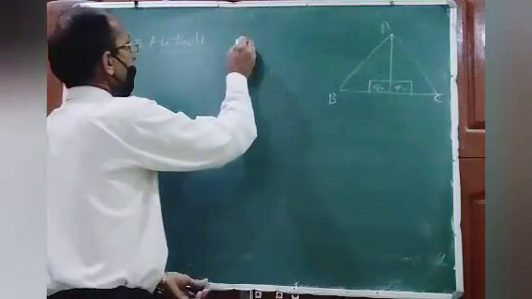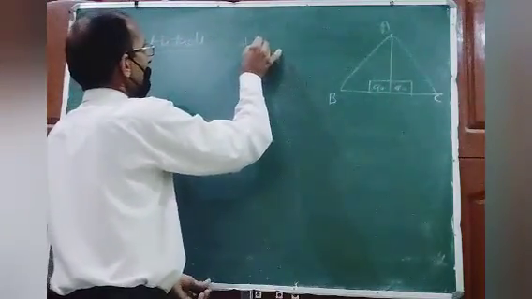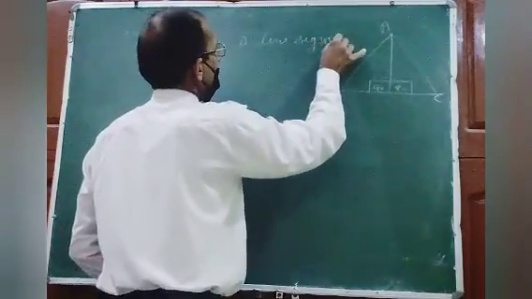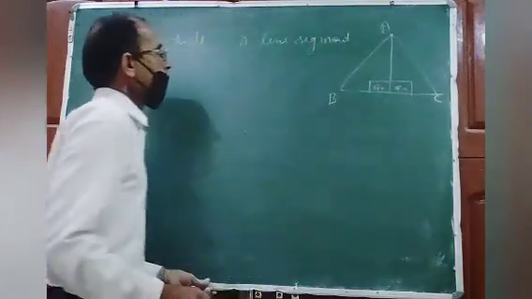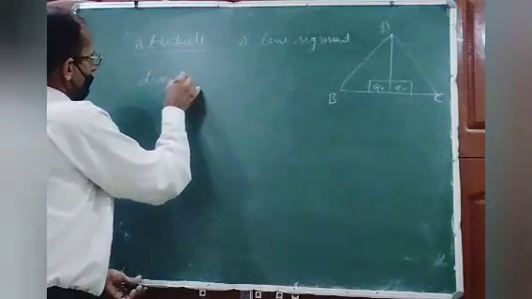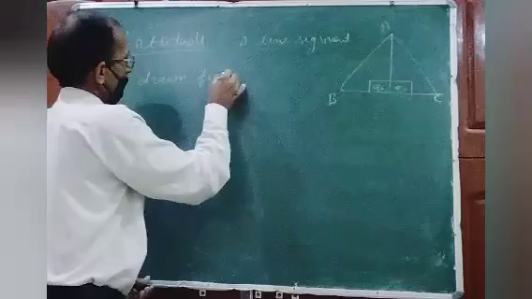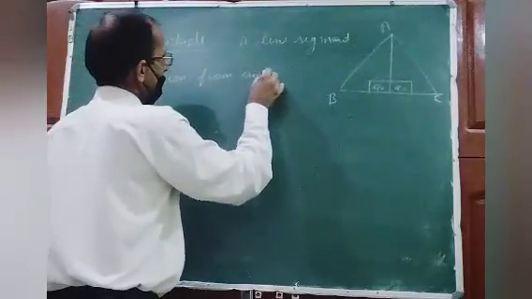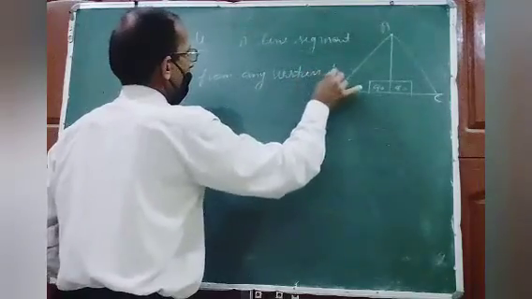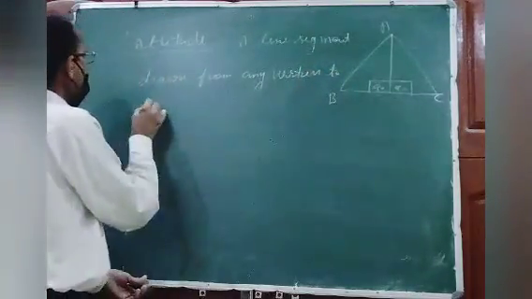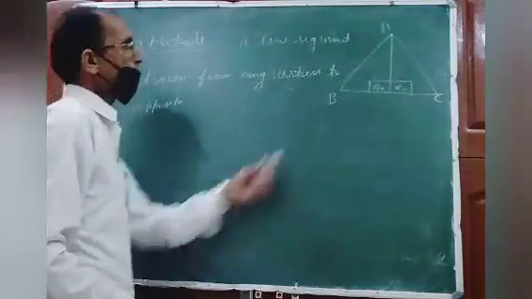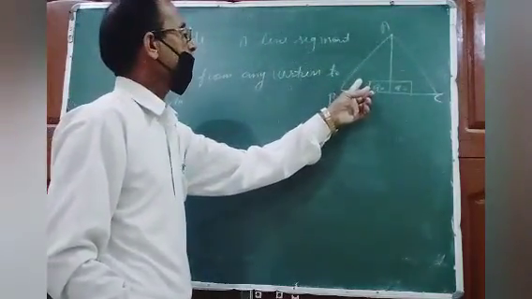Altitude is a line segment drawn from any vertex to the opposite side.